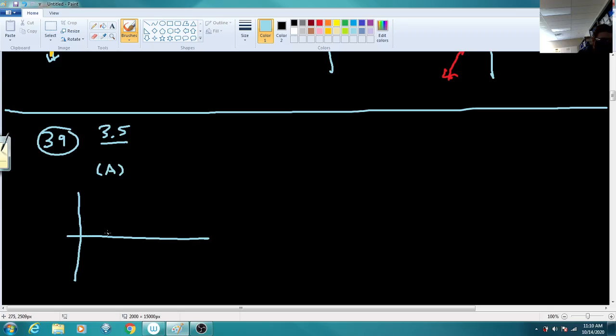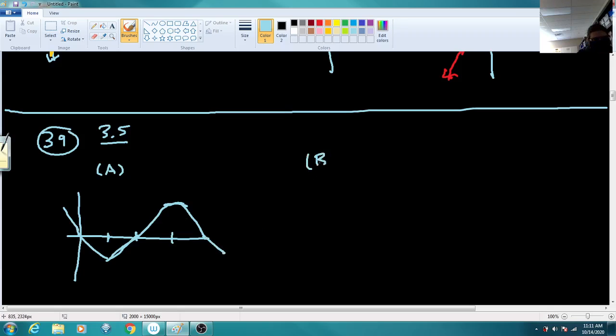We have 1, 2, 3. So we get up here at 3, here at 2, that 1 in there. So it goes down to here, comes back up, and it turns around at 3, comes back down, and crosses again.